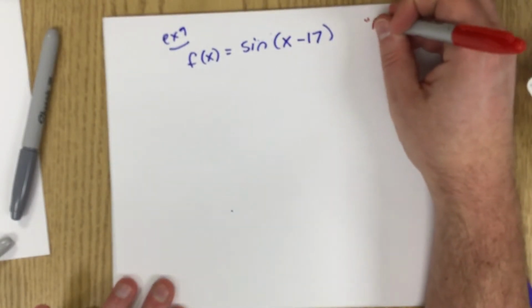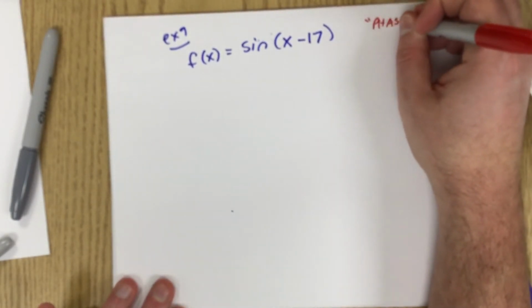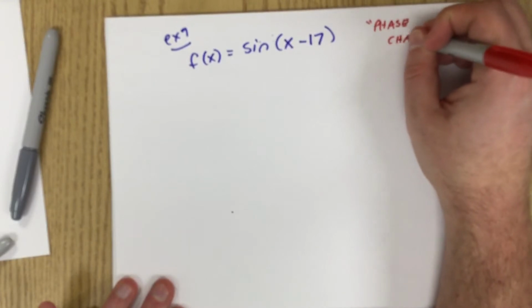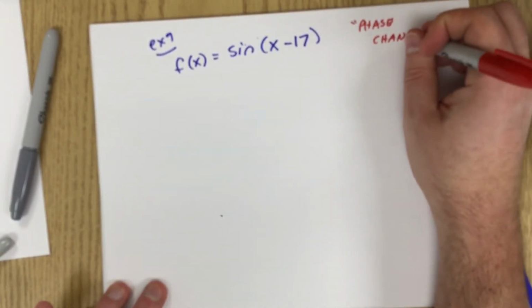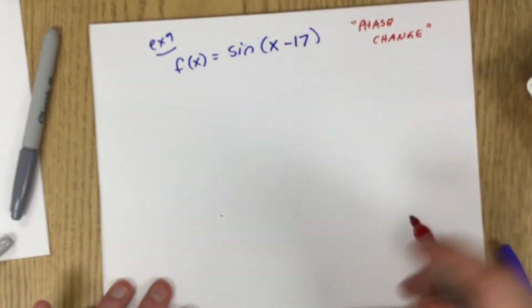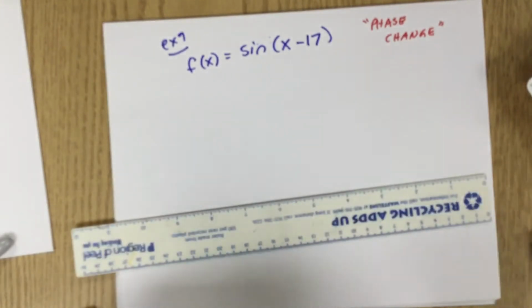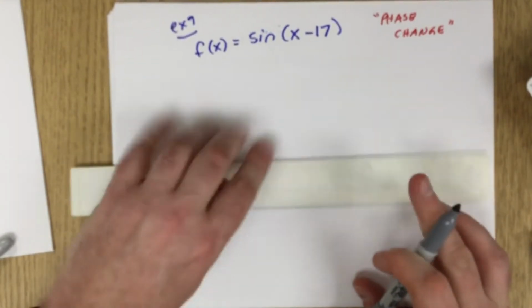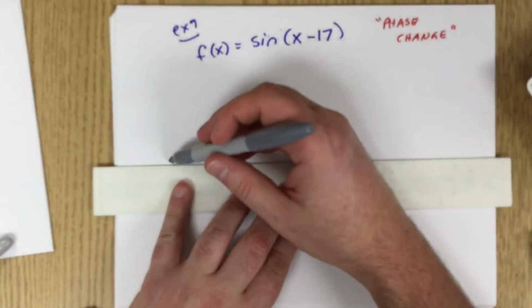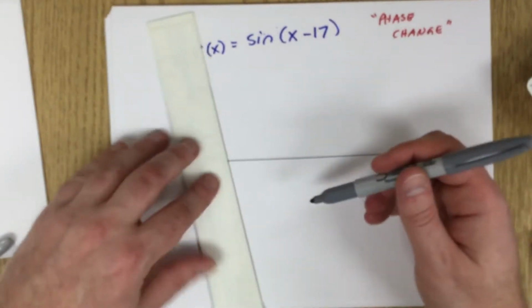We call this one a phase change. If you ever watch those Star Trek movies and they say they're out of phase, it's something along these lines. Vaguely. I mean, it's science fiction, so it doesn't have to have a connection to reality.